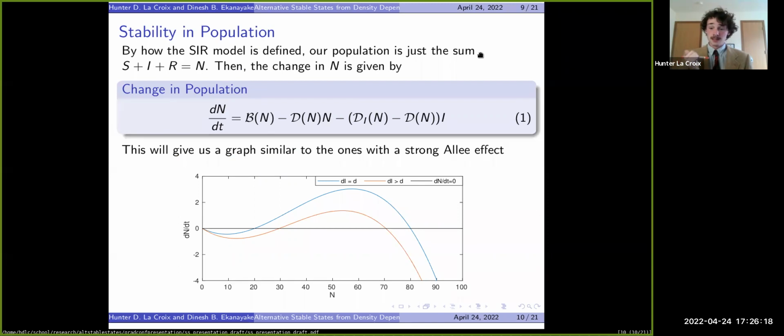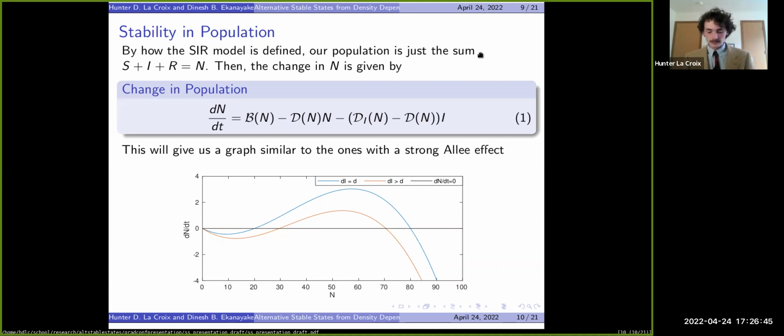And in the orange, we have what happens when the infected death rate is higher than it is for a regular individual. As we see for the orange, the basin of attraction in yellow here is greater than the basin of attraction for the regular case. And also the stable state, the non-trivial or non-zero one, is going to be a slightly lower population in the end. So that's an interesting result.